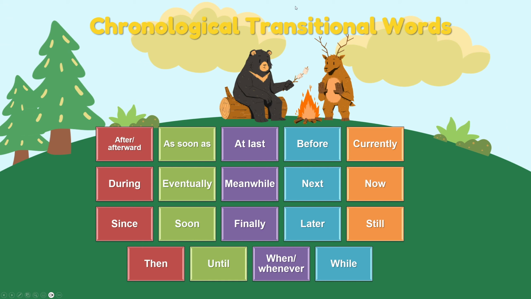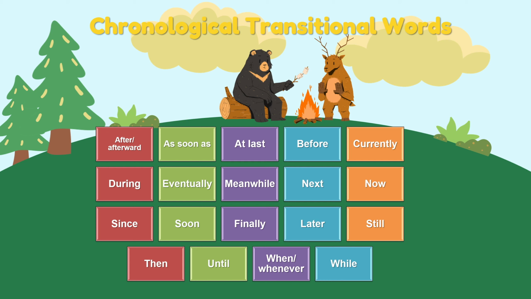So these are some words that you can use. These are chronological transition words that you can use to show the chronological order, or the order of things. For example, you can use after, as soon as, at last, before, currently, during, eventually, those kinds of things.